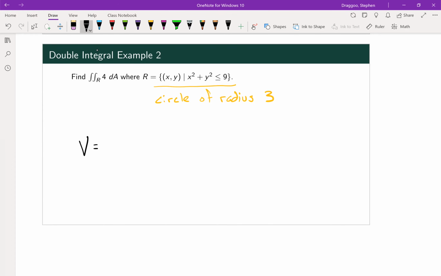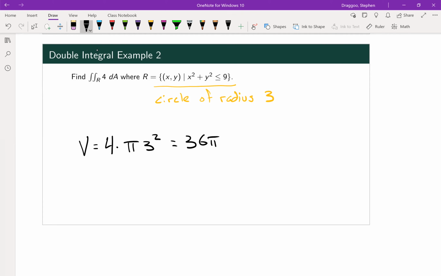So that volume should be 4, which is the height, times the base, which should be pi r squared. So pi times 3 squared. And we can simplify that to 36 pi. And that should be the volume of that shape.